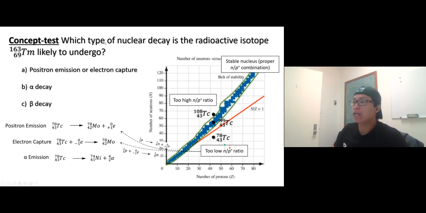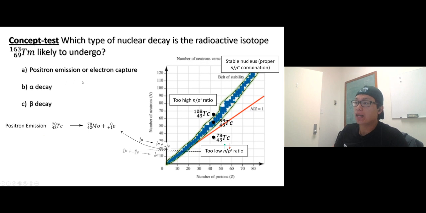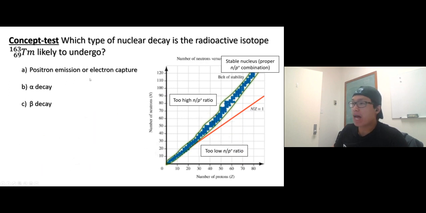All right. So the question is, which type of nuclear decay is the radioactive isotope, what's the TM called? Hold on. What's the TM called? I forgot. Thallium. Yep. Thallium-163 likely to undergo. Well, thallium-163, 69. So where's thallium-163?